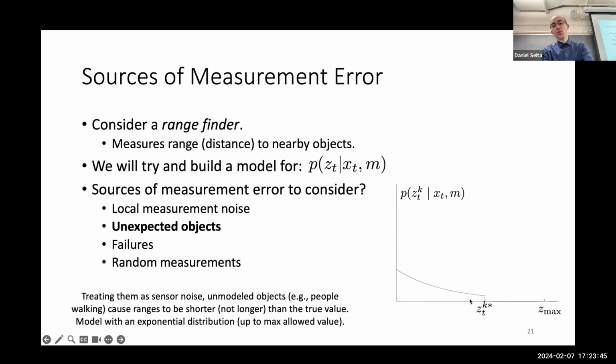And the argument for why the function looks like that is because if you have multiple possible unexpected objects that appear, then if there's one that's closer to you, it automatically determines what the sensor gives you because it's the closer one.